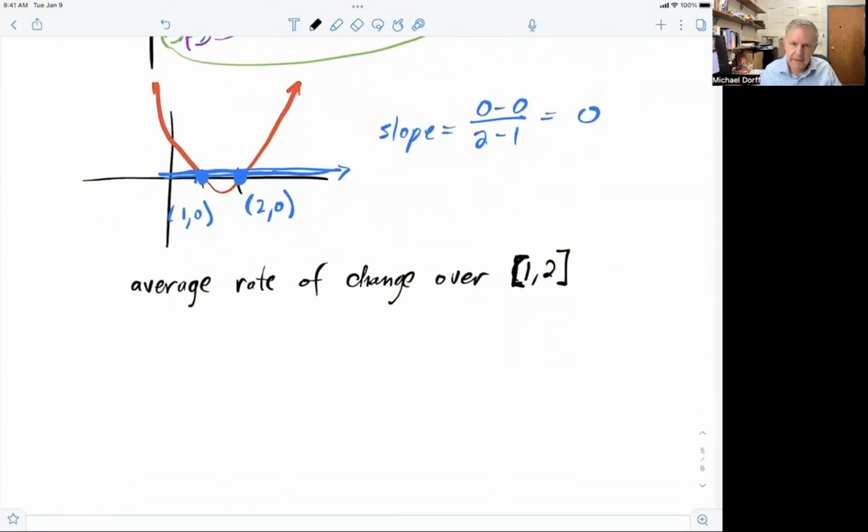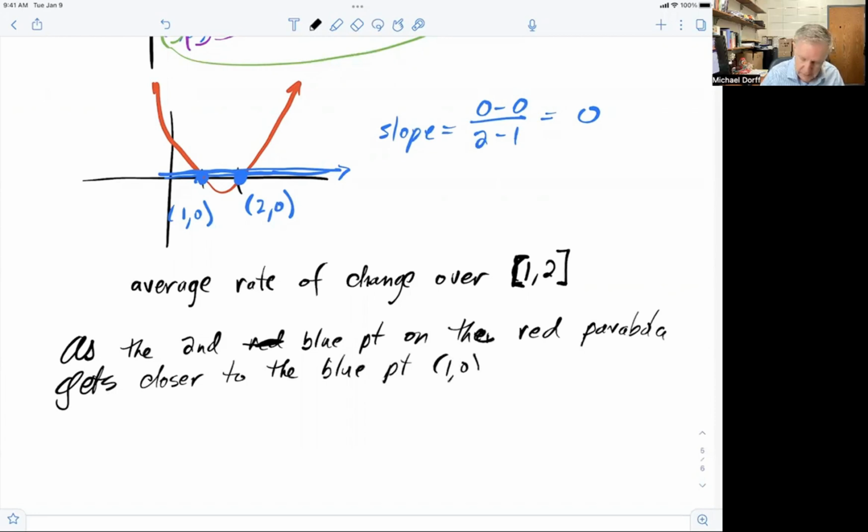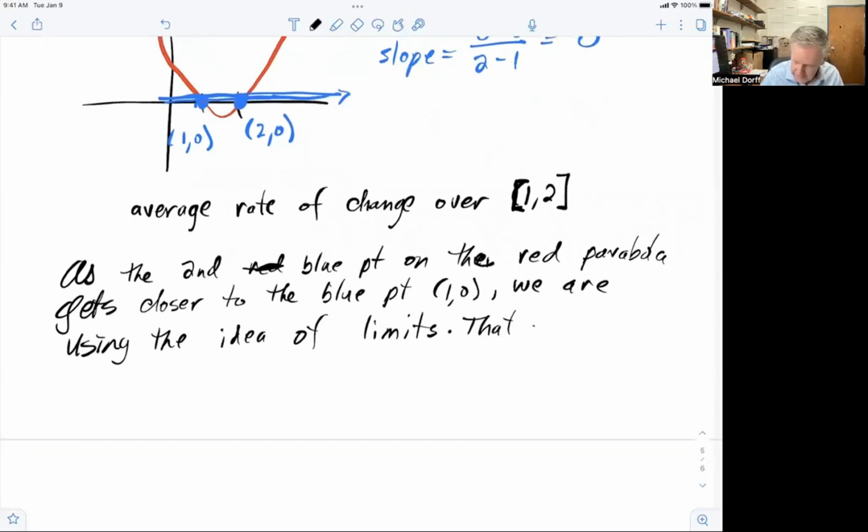So now, as the second blue point on the red parabola gets closer and closer to the blue point (1, 0) that we want, we are using the idea of limits. In essence, we're taking the limit as x2 approaches x1.